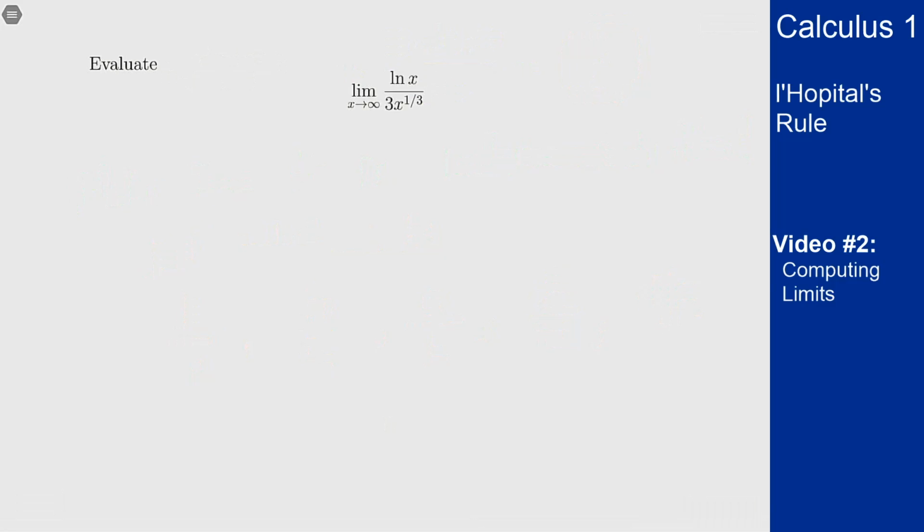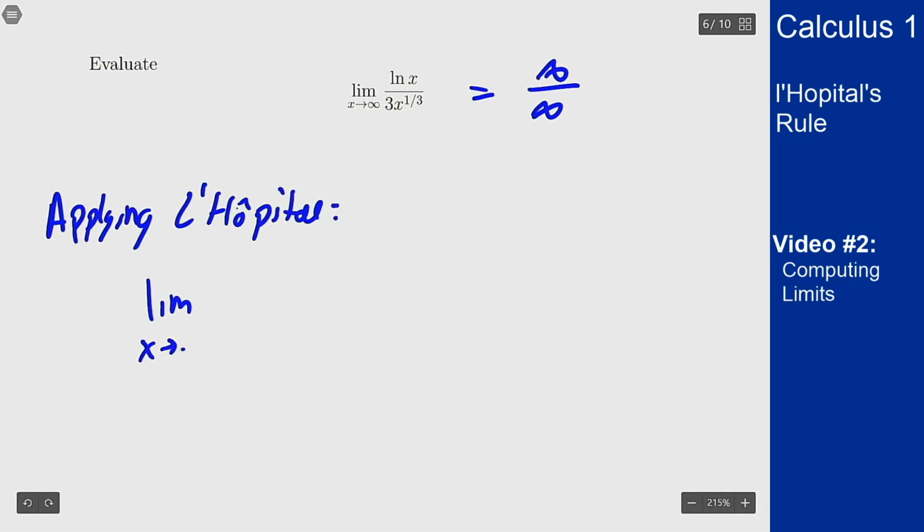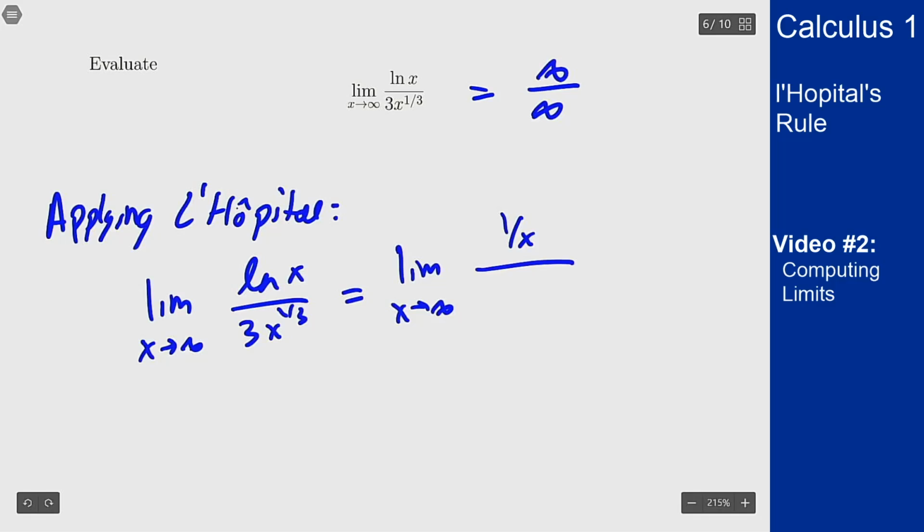You can also look at limits at infinity with L'Hopital's rule. This will be of the form infinity over infinity because as x goes to infinity, log of x goes to infinity, and 3x to the 1/3 also goes to infinity. So this is infinity over infinity, which I'm allowed to use for L'Hopital's rule. Applying L'Hopital's rule, the limit as x goes to infinity of log of x over 3x to the 1/3 is the same thing as the limit of the derivative of log, which is 1 over x, over x to the minus 2/3, since 3 times 1/3 is 1.